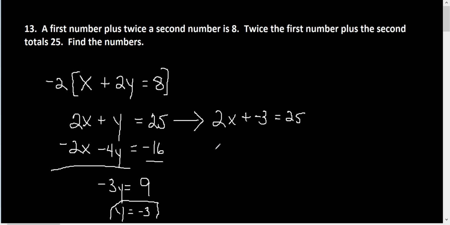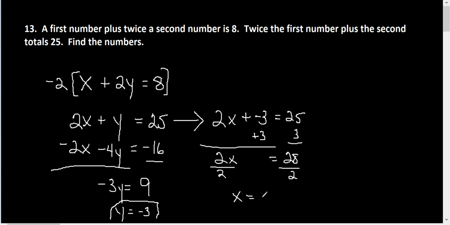I'm going to solve for x, so I'll add 3 to both sides. x equals 14. And there's my solution set of 14, comma -3. So there's our first taste of a story problem, number 13.